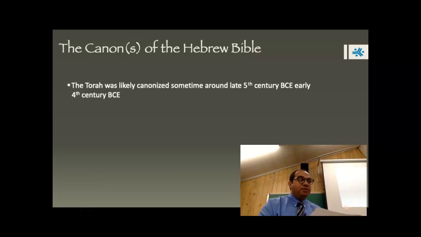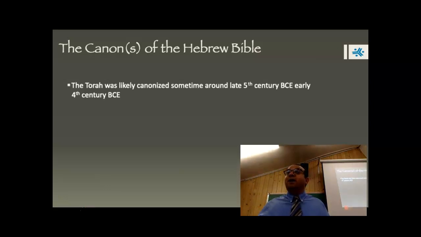The Hebrew canon ends with Chronicles, which talks about the return of the people from exile. They were forced to live in Babylon, and after a period of time, God brought this Persian king in order to bring them back to their land. And that's how the Hebrew canon ends, in Chronicles.